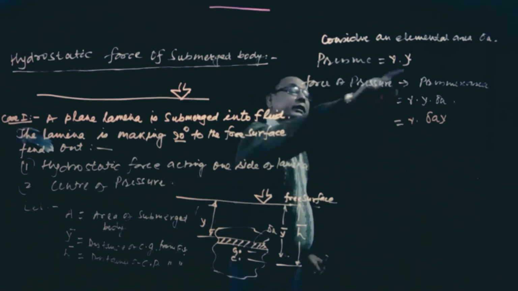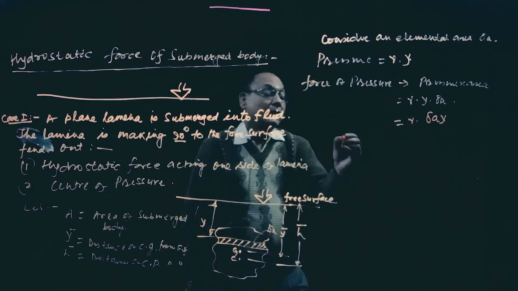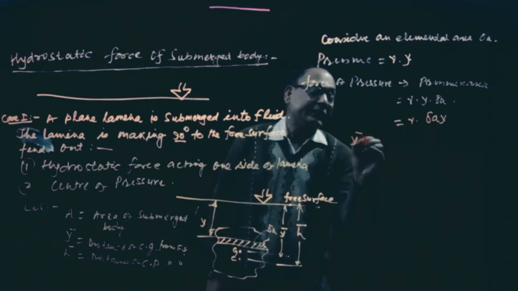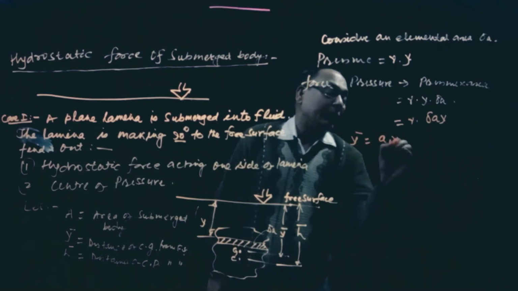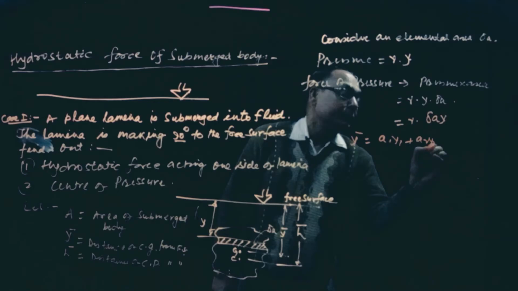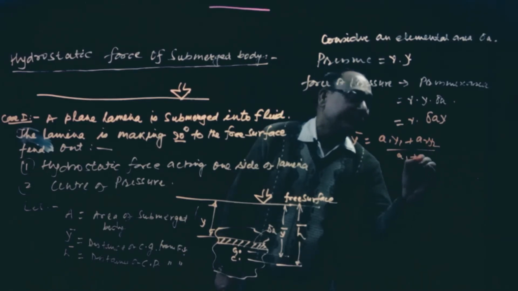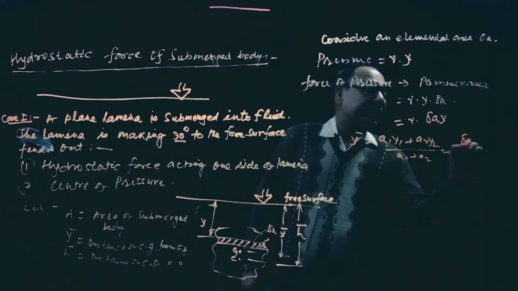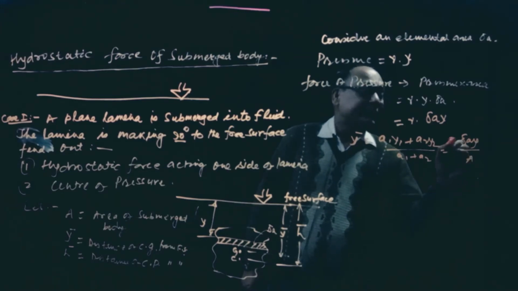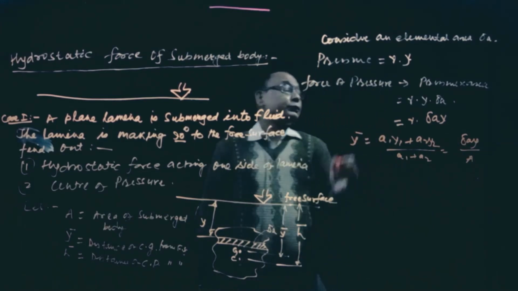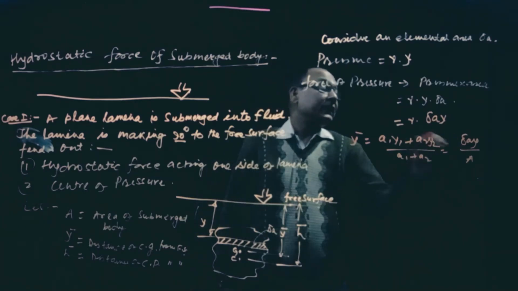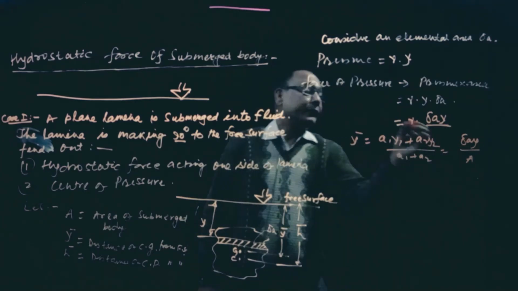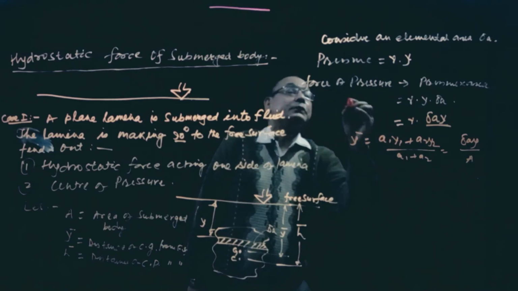Okay, that is pressure into area. Now we know that Y bar is equal to A1 Y1 plus A2 Y2 by A1 plus A2, that is centroid. So it is integral form, integral of delta AY by A, that is Y bar. So this integral of delta AY will be equal to, that is force of pressure.